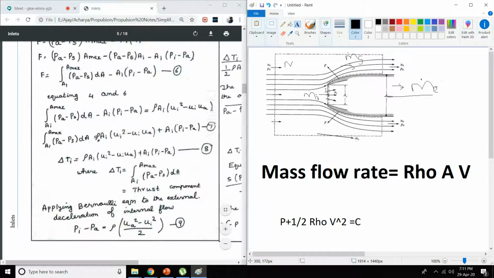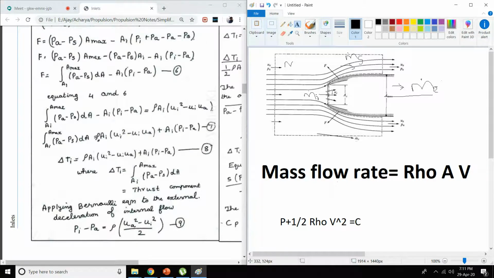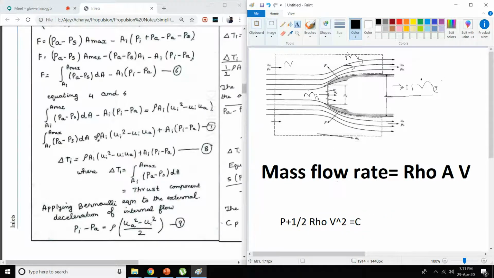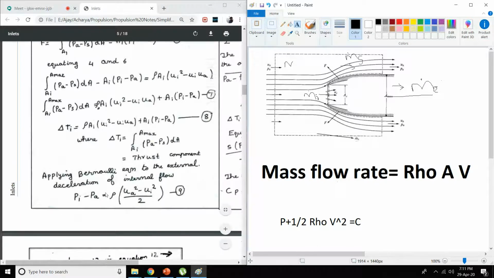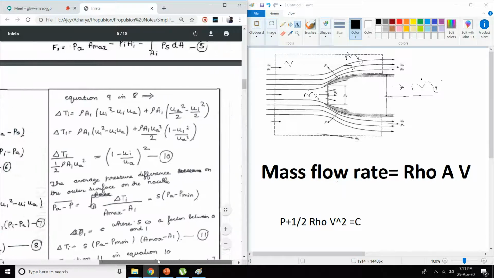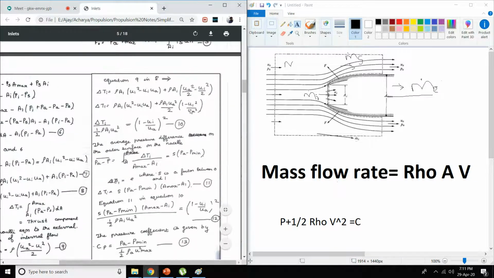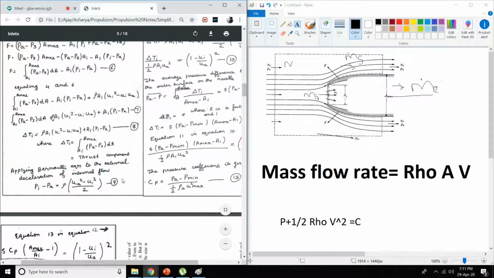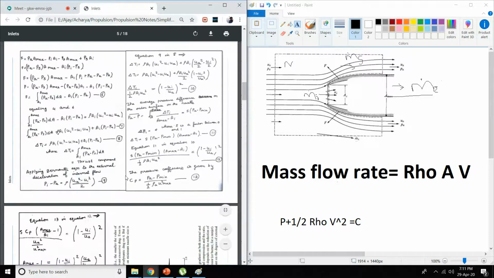If you apply your Bernoulli's equation at these 2 points, at the first point you'll have Pi plus half rho Ui square is equal to Pa plus half rho Ua square. So with that substitution, equating the two, Pi minus Pa.